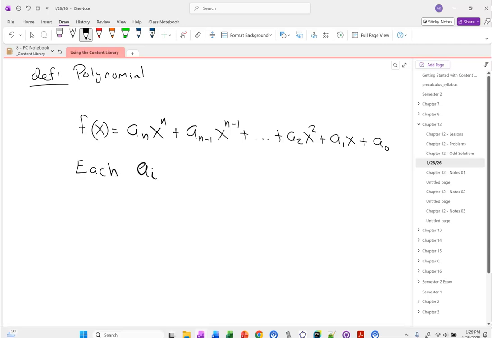Each of these a_i we call the coefficients. Those have to be real numbers.